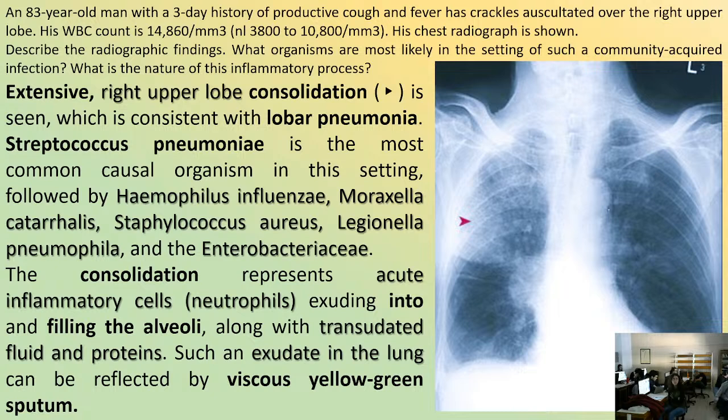If we have the formation of a cyst filled with pus and surrounded by fibrous tissue, how is this called? This is an abscess. So probably bacterial pneumonias may be complicated by abscess formation.